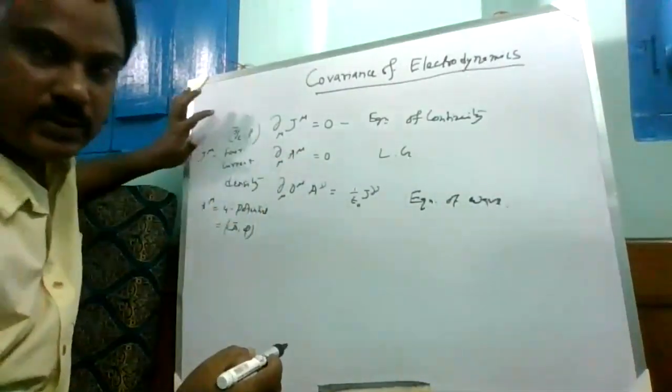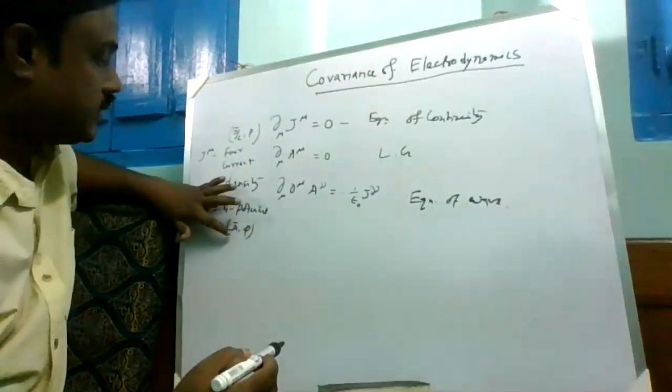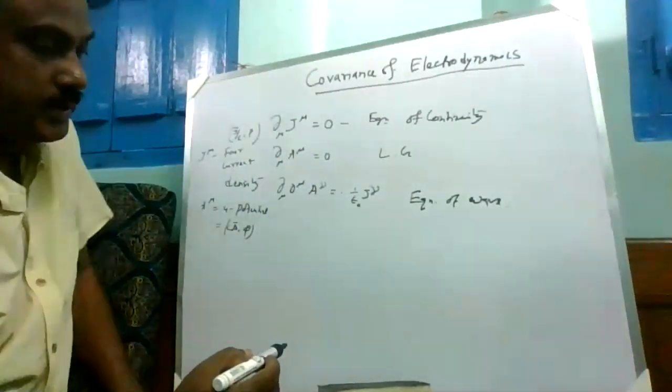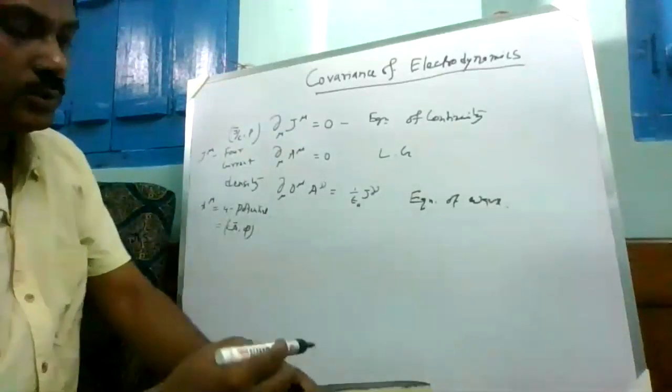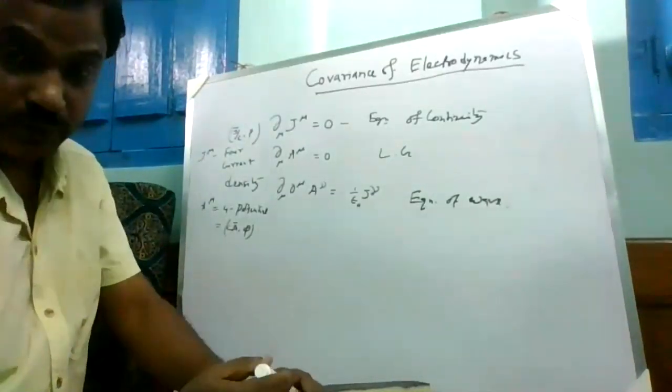The first three components are the vector components, and the fourth component is the scalar part. So this was the four vector formulation.